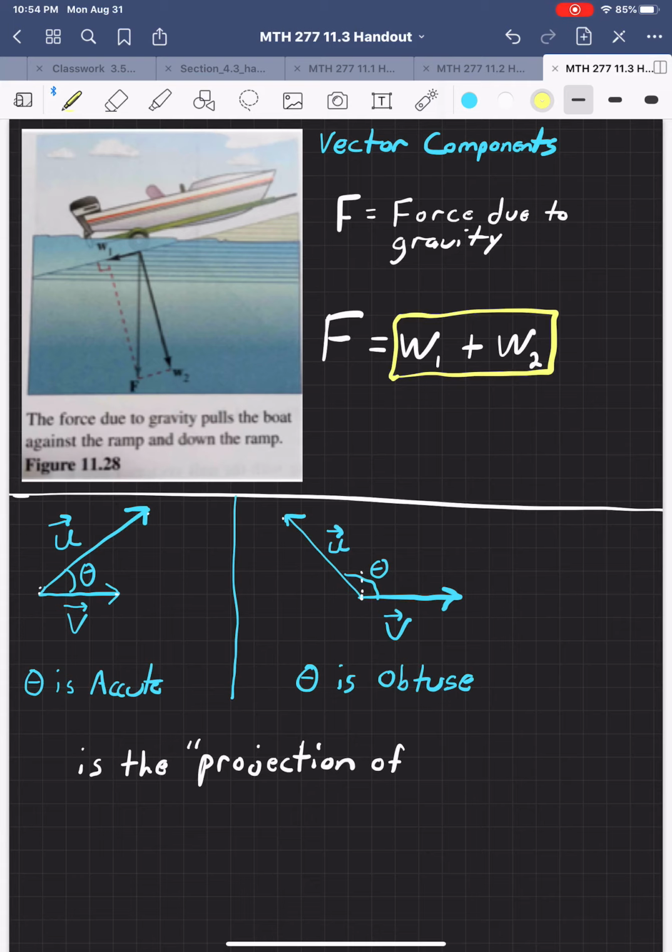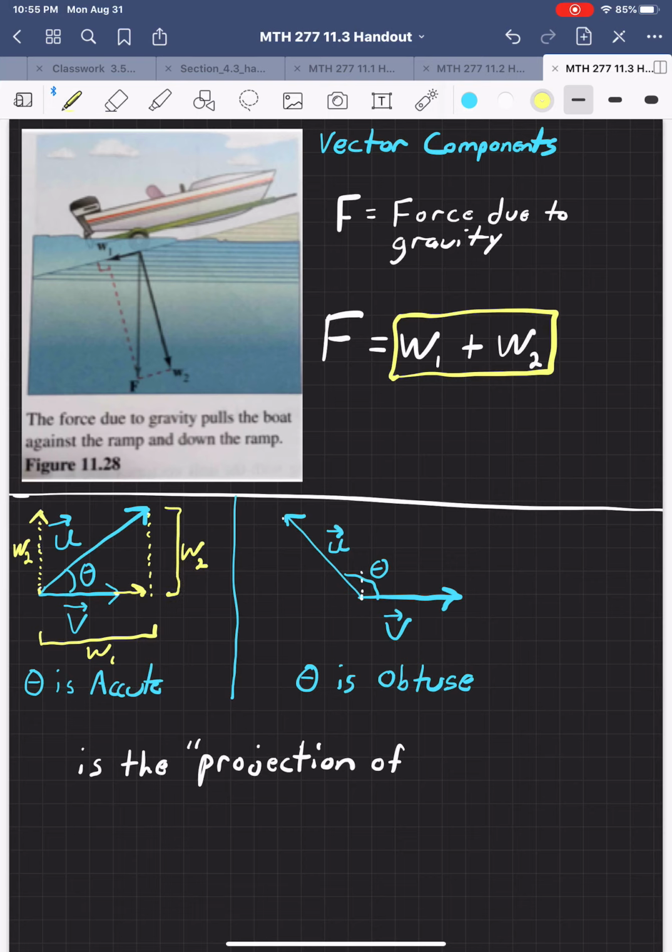What would w sub 2 look like? Well, w sub 2 would look like this. And what would w sub 1 look like? Well, w sub 1 would look like this. So this here would be w sub 1, and this would be w sub 2.